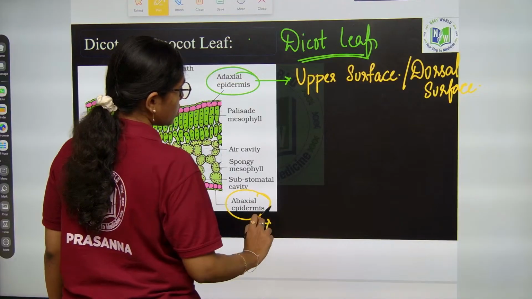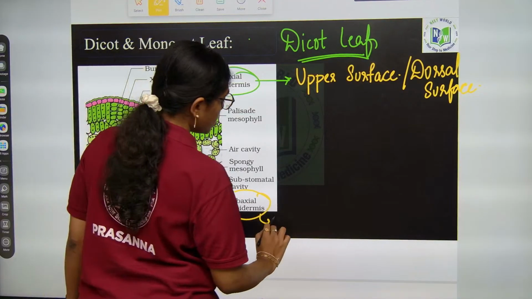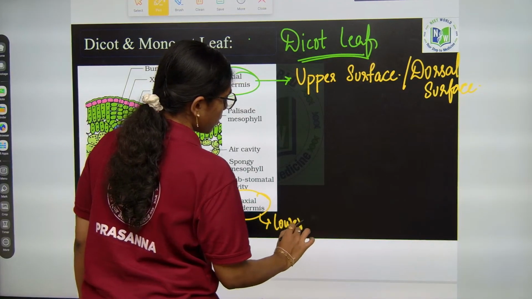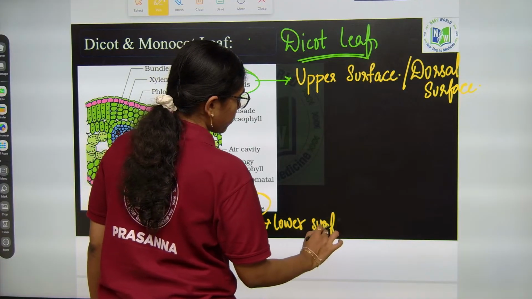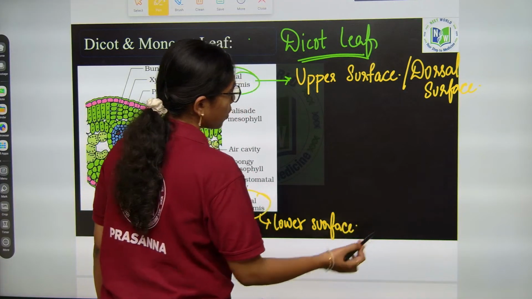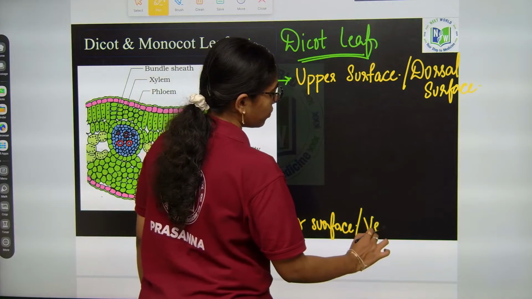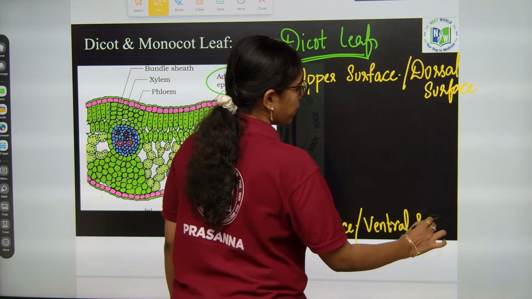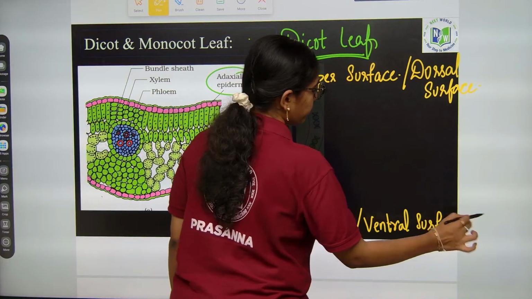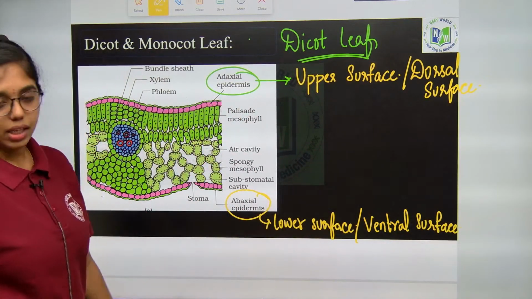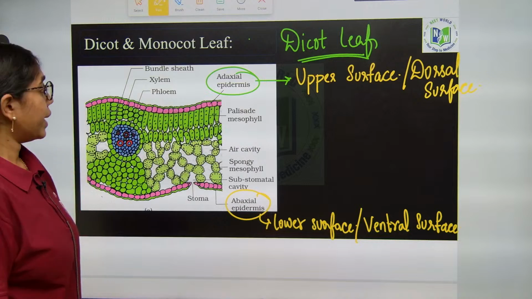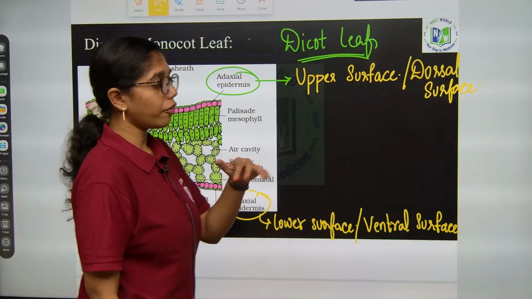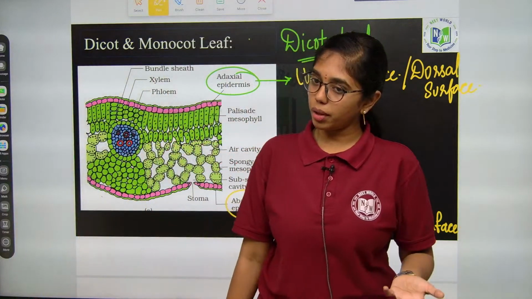Abaxial epidermis, lower surface, or ventral surface. Fine. And of course in the epidermis we have epidermal appendages.